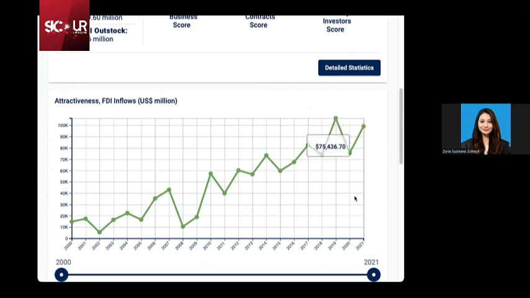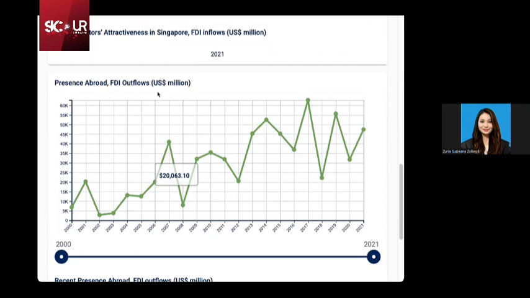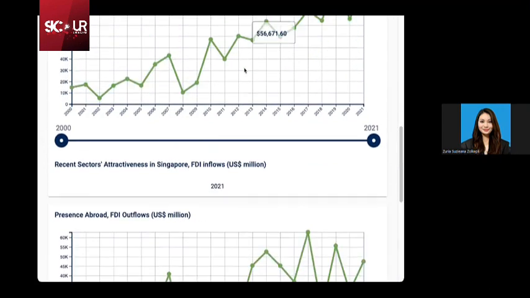But in Singapore, the FDI inflow has been increasing, and there is FDI outflow as well. The highest is in 2017. Take a look at it to learn more about the country.